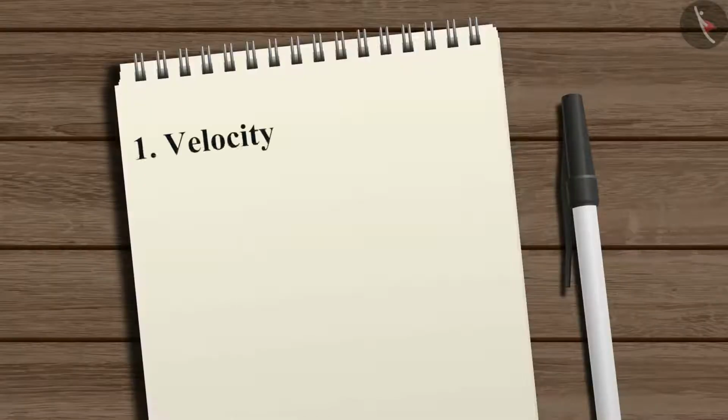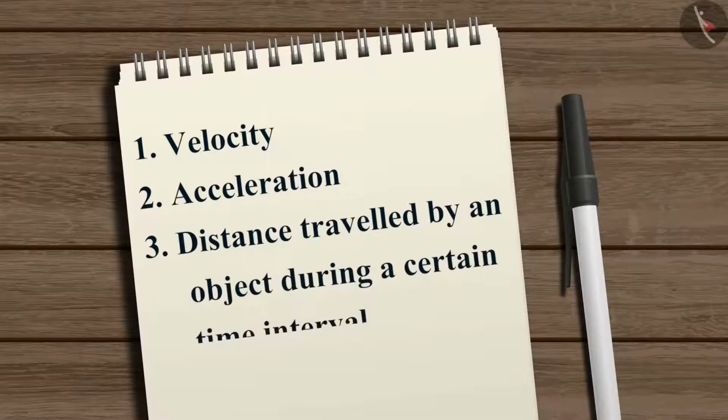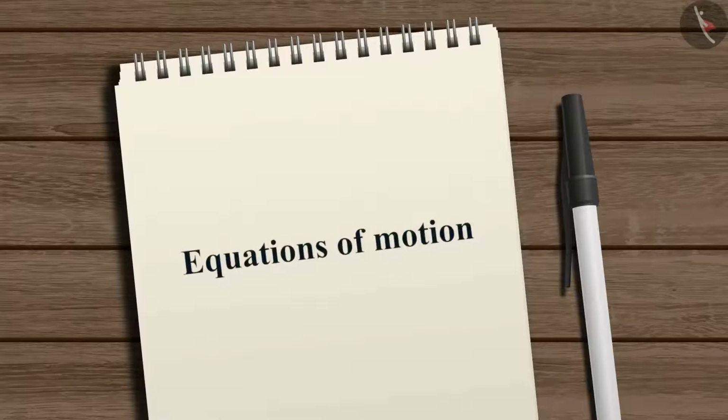Now, let us see how the velocity, acceleration during motion and distance travelled by an object during a certain time interval can be related using a set of equations called equations of motion.